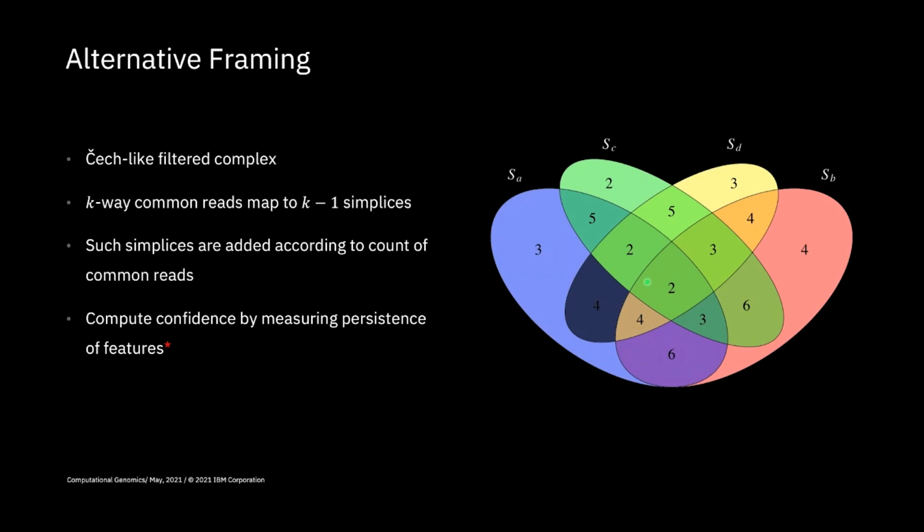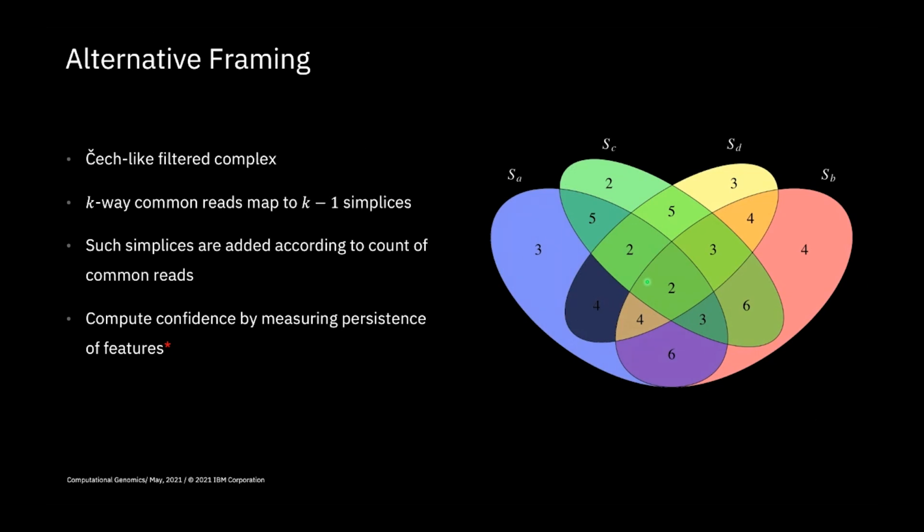And so we filter by how many common reads there are in each one of these simplices. Then we again go to the barcode, and we do this mapping back from bars to representatives to organisms, and we get from that our voting function.